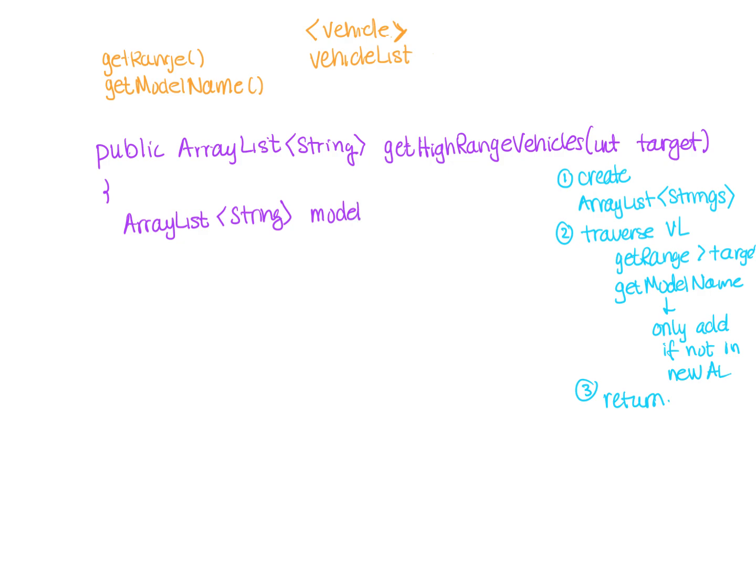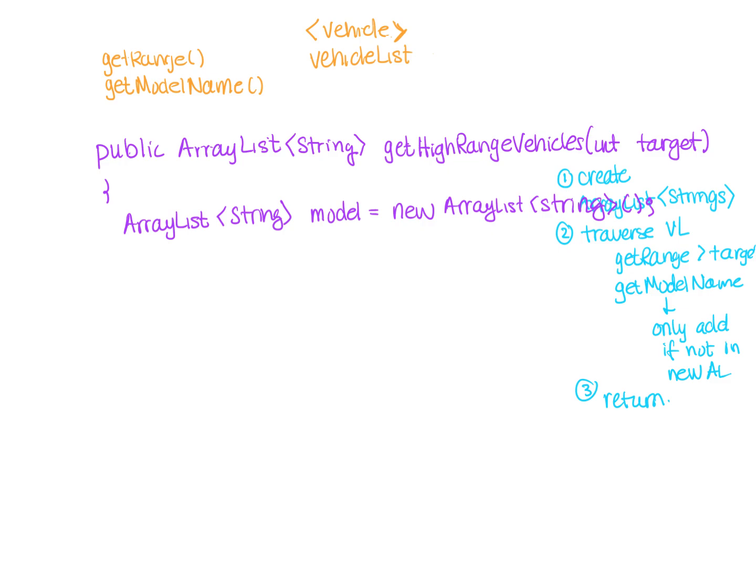Those are going to be the different models, or the names, model names. And this is going to be a new ArrayList of type String, and remember we need the open and closed parentheses. So we did part 1.